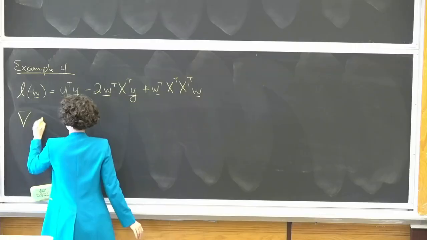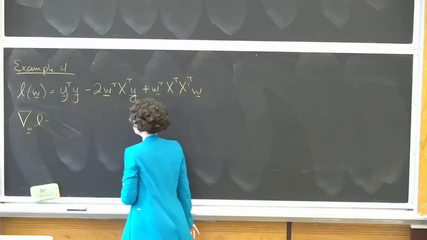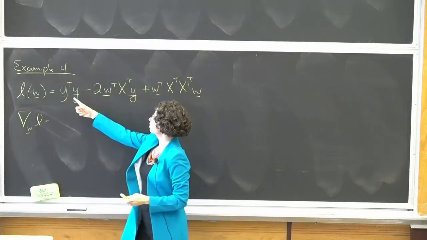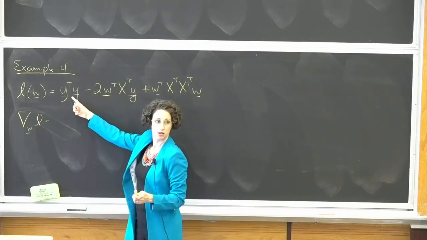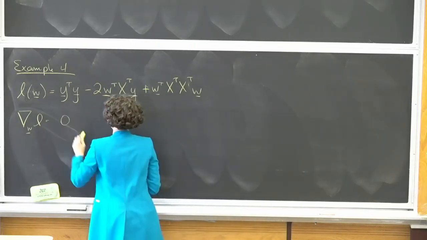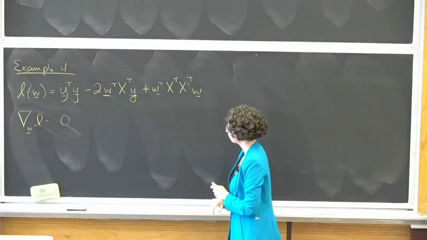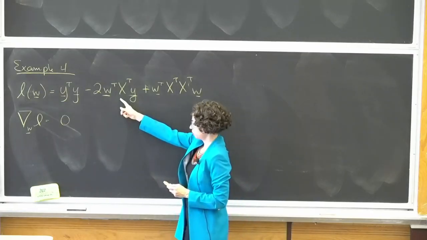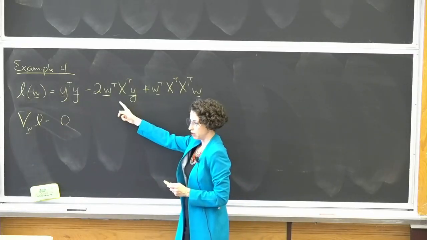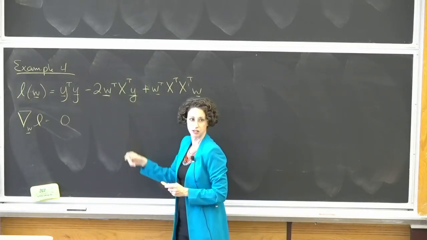So the gradient of our loss with respect to W, as we pointed out before, this is a constant, doesn't depend on W at all, so that gradient is just going to be equal to 0. Now if we look at this term here, what example have we already seen that can help us here?